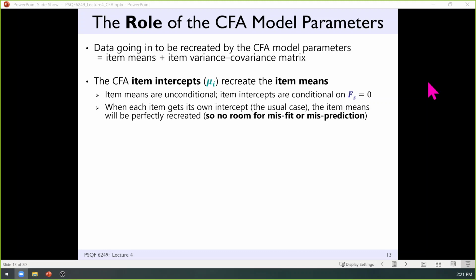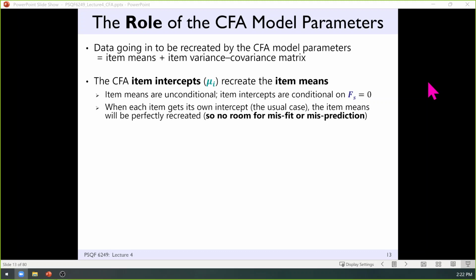Those are the pieces of data that are being used to solve the puzzle, essentially. So the role of the item intercepts is to recreate the item means. If you set up your model so that the factor scores have a mean of 0, the intercepts are the item means directly. Otherwise, they're conditional means at some other level of the factor.